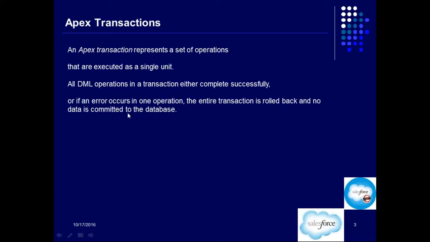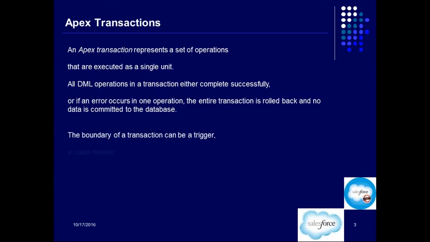Then I would need to go back and check which records got created, and then remove or cleanse them. That becomes difficult, right? So this is how the transaction concept works. It's something which helps us a lot.